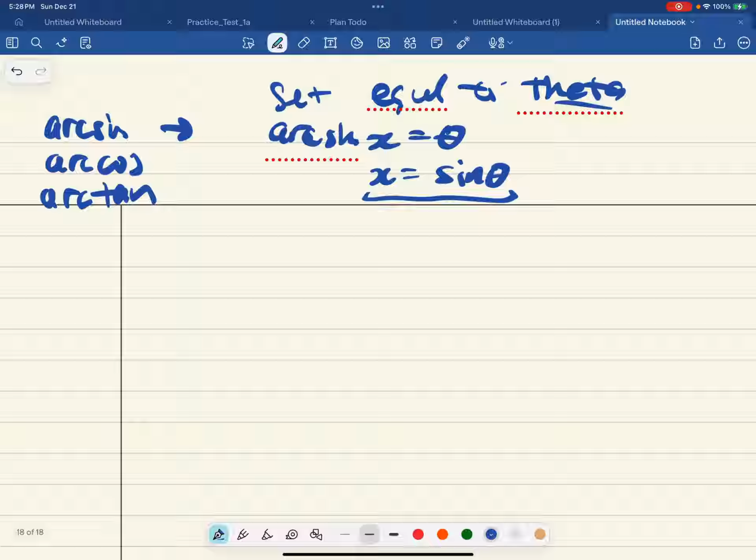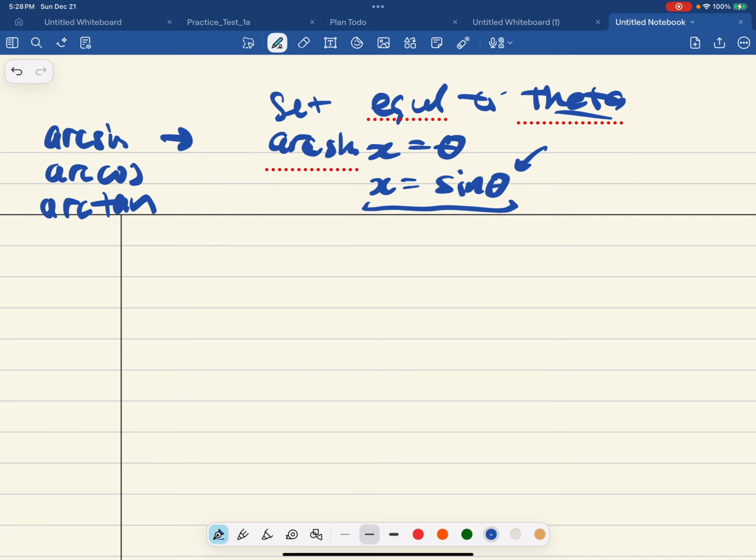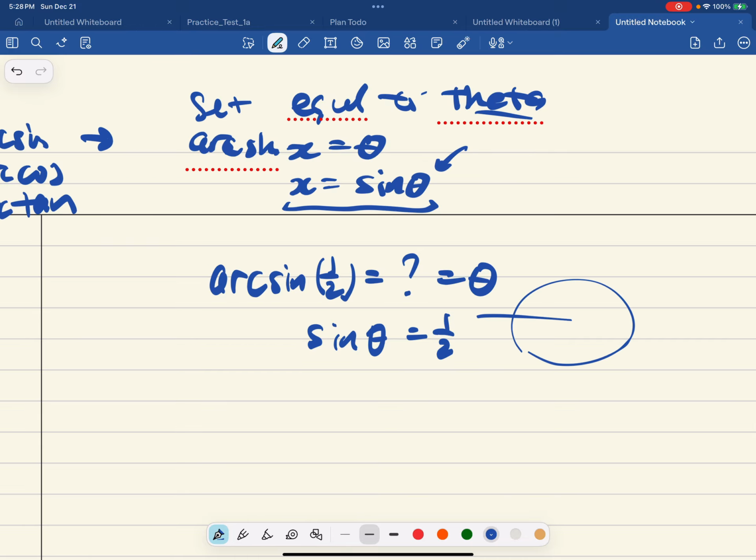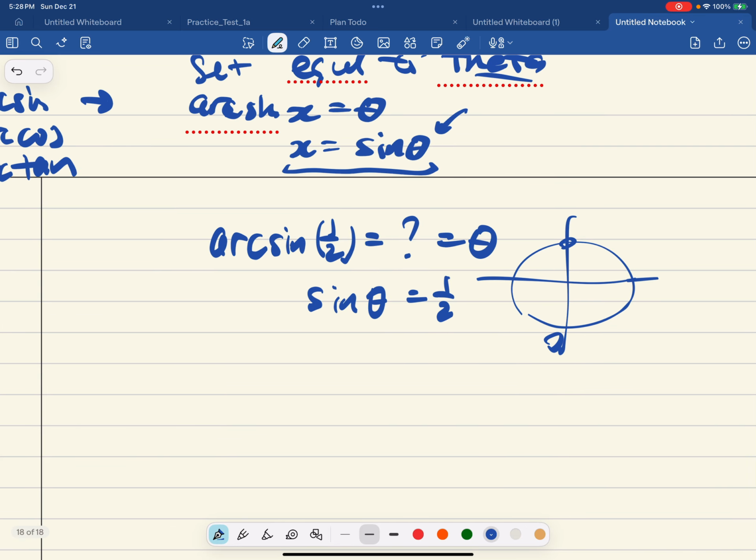What is the theta? Usually the question will go like, arcsine of half is equal to what? What you have to do is set that equal to theta. So sine of theta is equal to half. What angle would give a sine value of half? The domain of sine is this. It's just a rule.